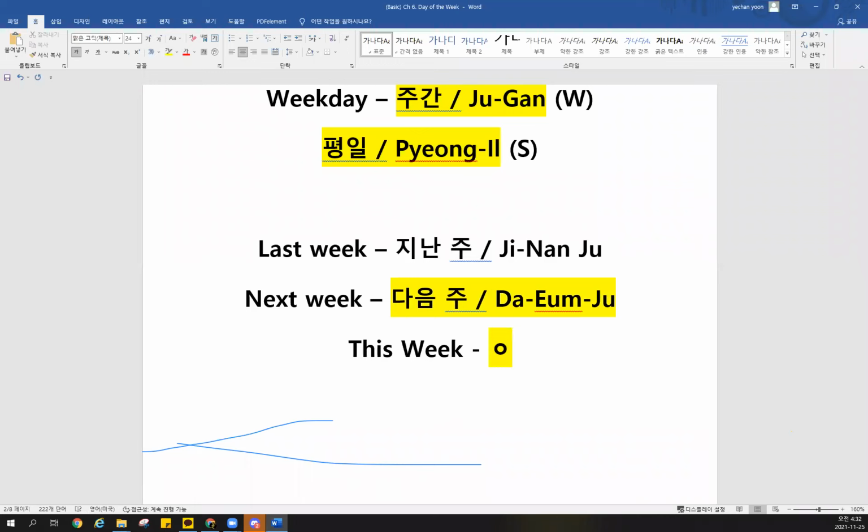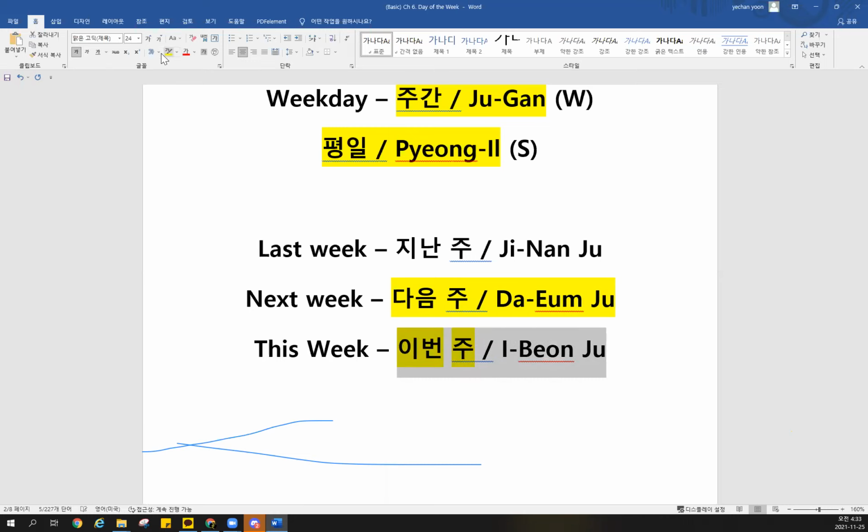This week, you can say 이번 주. 이번 means this. 이번 주, 다음 주, 지난주. 지난 means already past, so past week, that's why we can say last week. 다음 means next, so 다음 주 is next week. 이번 means this, so this week is 이번 주.